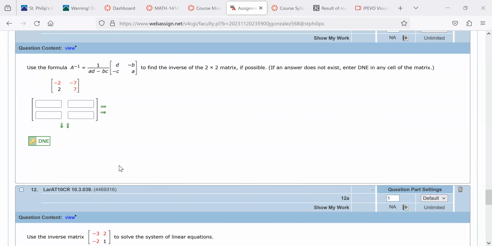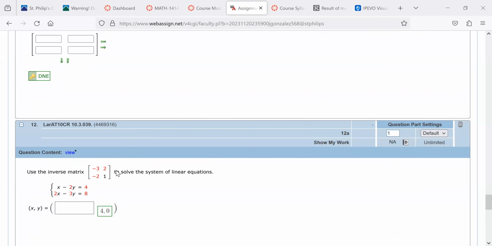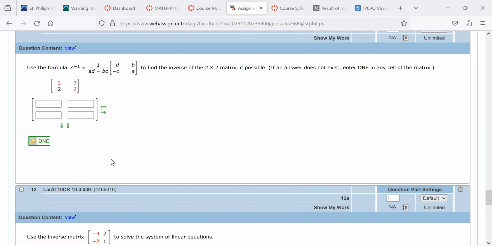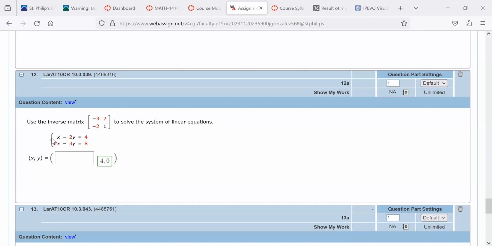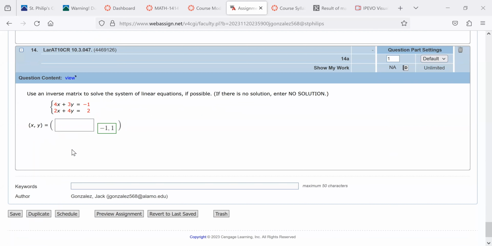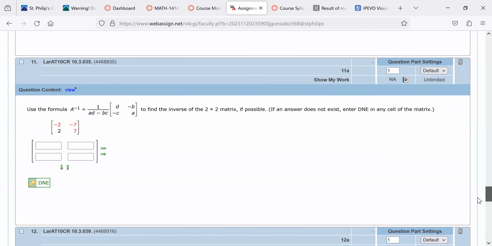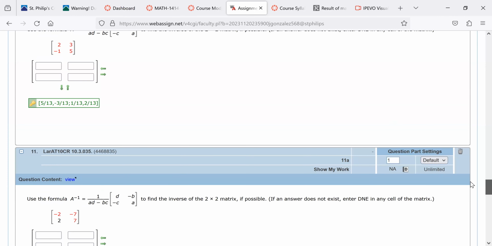So on 10 and 11, just use your formula, or you use whatever you want. I'm not going to tell you what to do. 12, they're just looking for the solution, so use any of the methods we've talked about. You could do elimination, substitution, you could just punch it into a matrix solver. Up to you. Any questions about those ideas? And not all matrices have inverses.